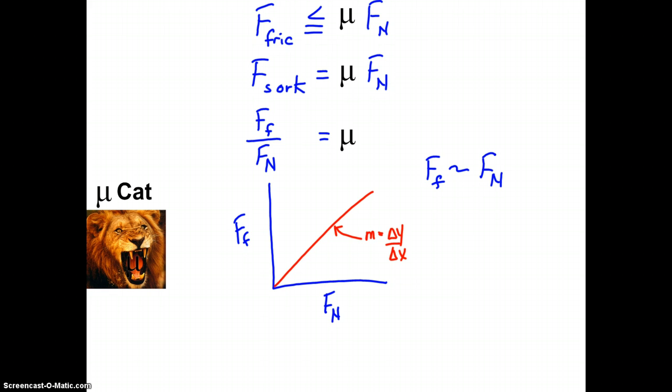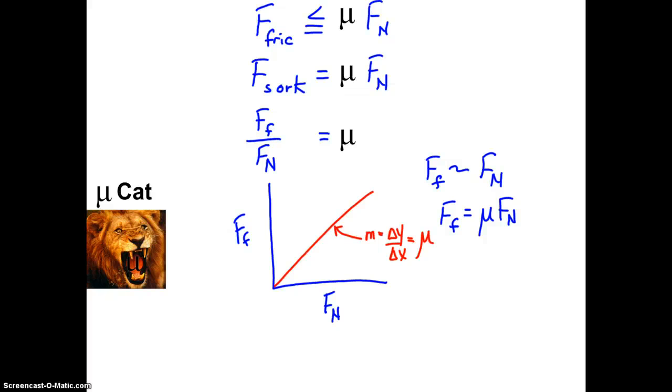And what we find is that that proportionality constant is the coefficient of friction. This allows us to take that step from being directly proportional, now saying, okay, now we're going to set these equal to each other. Well, we have to multiply the normal force by the proportionality constant, which is called the coefficient of friction.